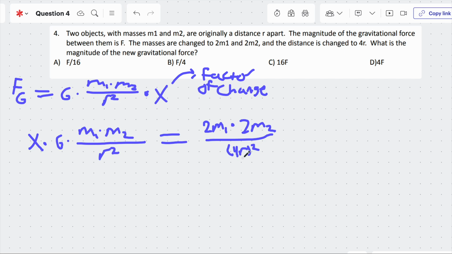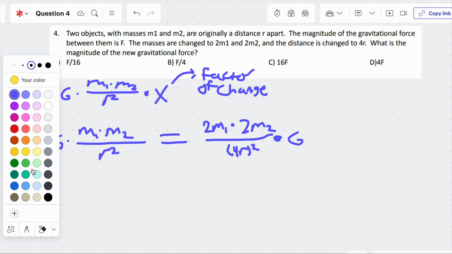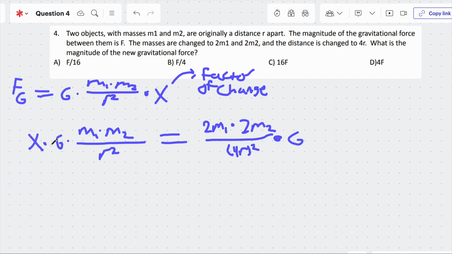So basically, this is a whole lot of canceling out variables. Oh, and this side is also multiplied by G. I always forget that, the big G. So when it comes to things like this, if we have the same variables in the same spots on both sides, we can kind of cancel those out. Since both sides are being multiplied by G, we can cancel those out.